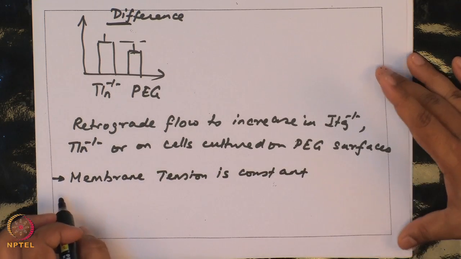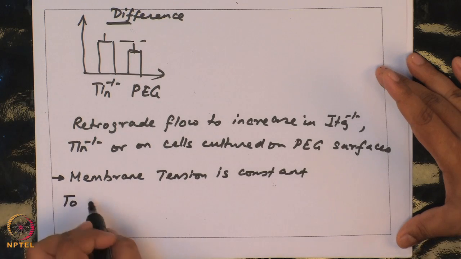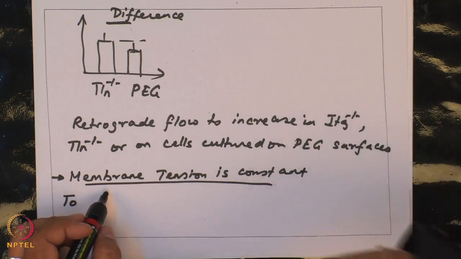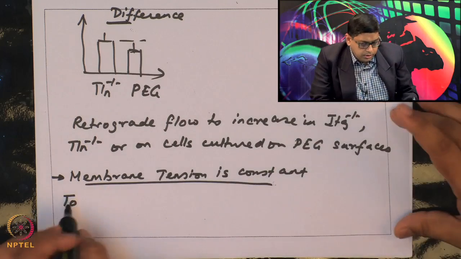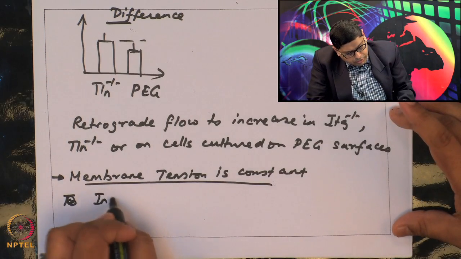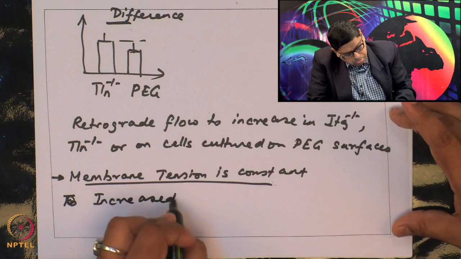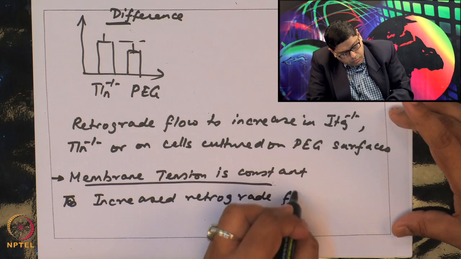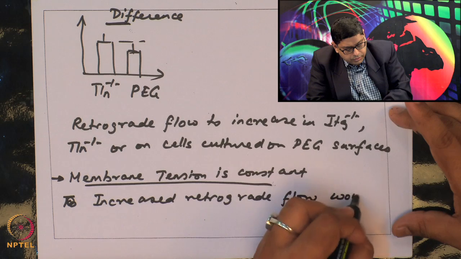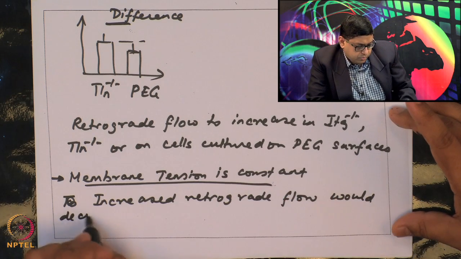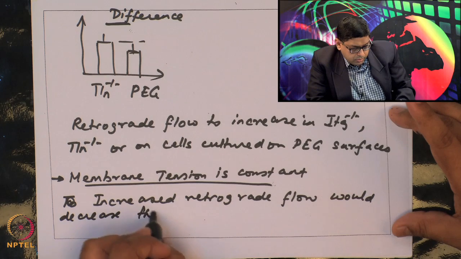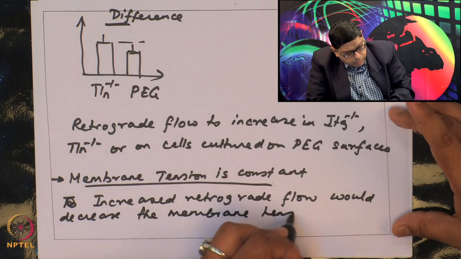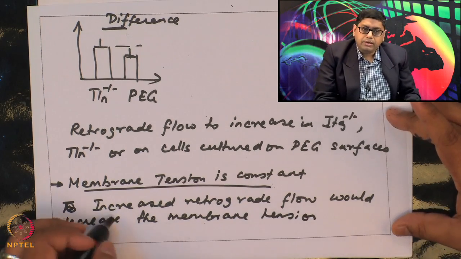to maintain this constant, in the case of higher retrograde flow, increased retrograde flow would decrease the membrane tension. So, how can you maintain the membrane tension?